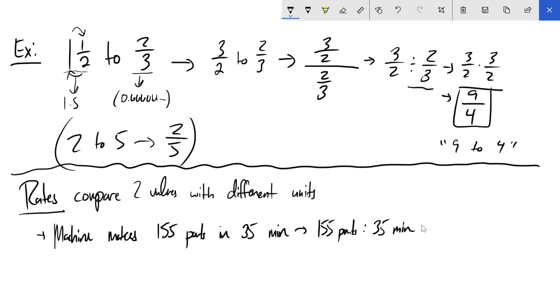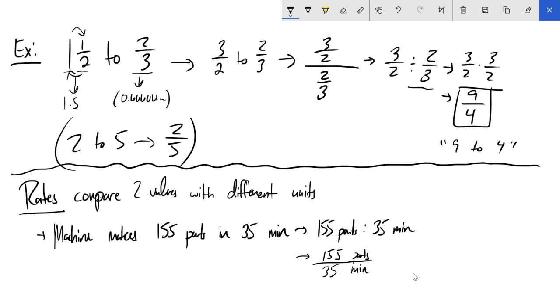But if I turn it into a fraction, what happens to my units? If I were to convert this into a fraction, 155 over 35, well, 155 is parts, 35 is minutes.